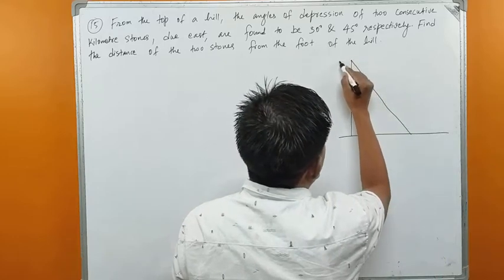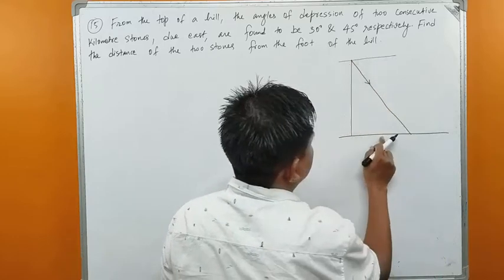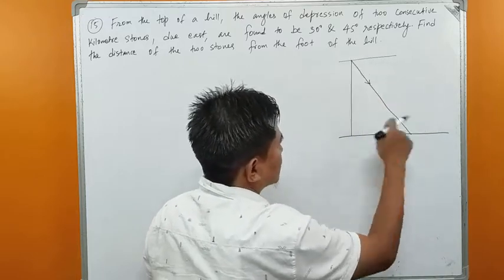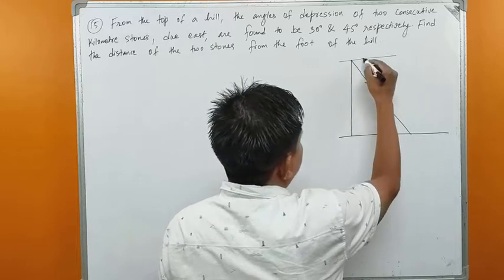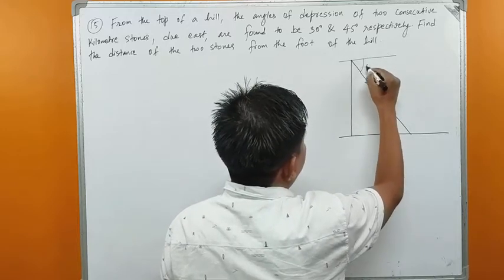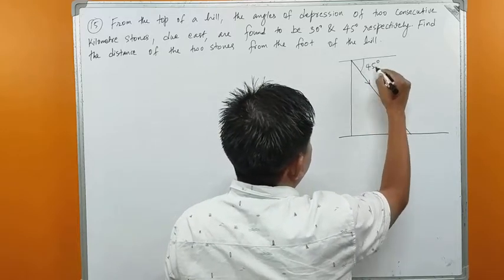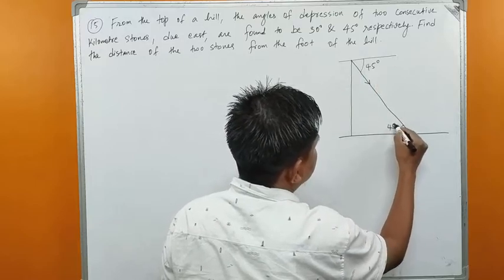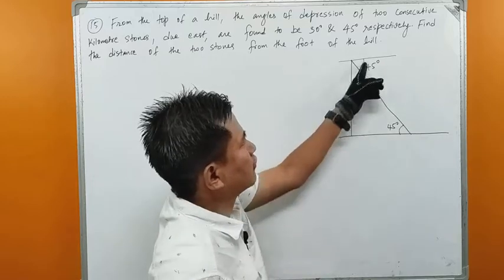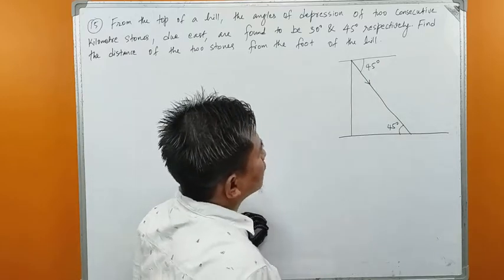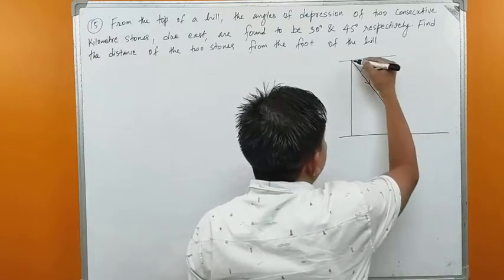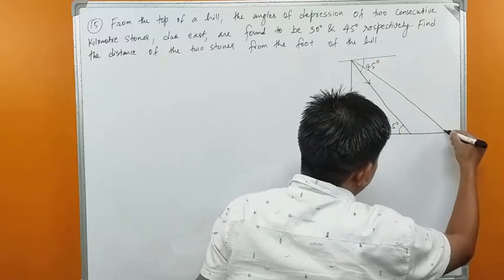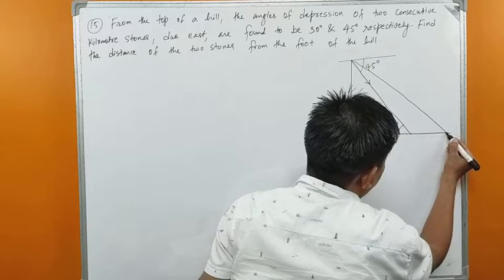So let us draw a straight line parallel to the baseline. These two lines are parallel to each other and this line is a transversal, isn't it? So if this angle is 45 degree, this angle must be equal to 45 degree, isn't it? Because alternate angles are equal to each other. Now another kilometer stone is somewhere away from here, somewhere here, okay?